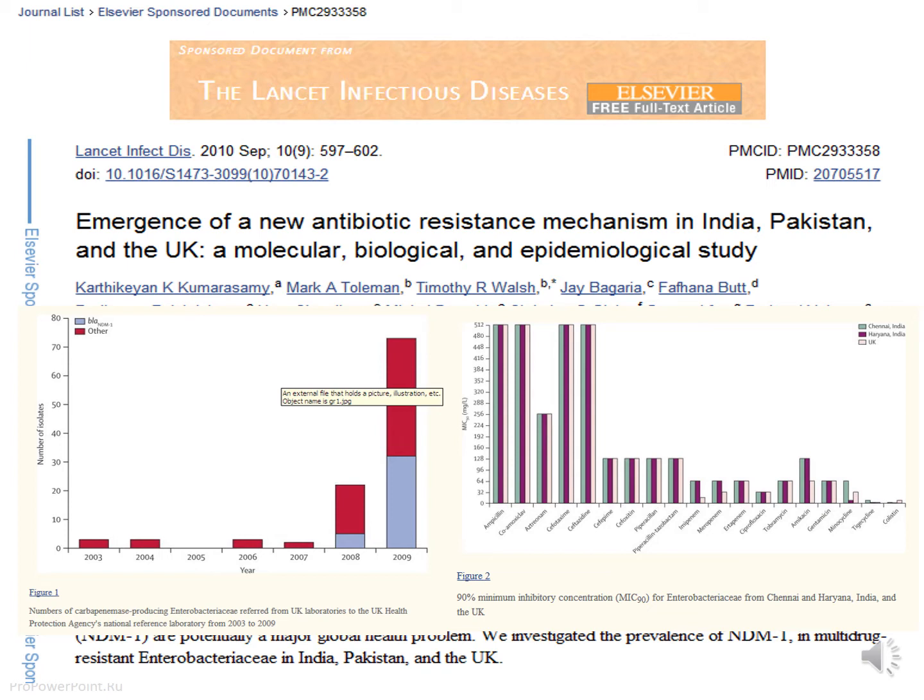This problem involved a patient from the United Kingdom, and this patient visited India and Pakistan for medical tourism, and then in the United Kingdom medical staff met a problem treating this patient after a skin disease, because this pathogen had different mechanisms of resistance, and one of these mechanisms was NDM1.